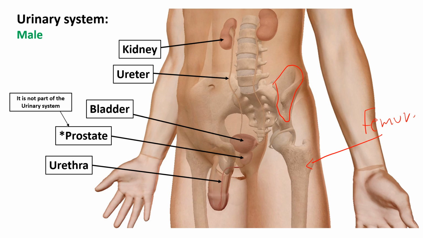Of course, all this portion was removed in order to see the organs inside, but you can see it here. That will be the pubis and the ilium, and then you can see a little bit of the ischium. Remember, the ischium is a posterior bone, so you might not see the entire bone there.